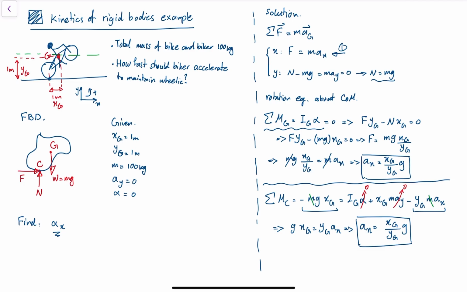It is good in the sense that you may find a way to simplify the solution. It is bad because now you have choices. If you don't have choice, you don't have to think too much. You follow the rules. But anyways, this is a good example about how kinetics of rigid bodies can work. So I leave this here and I will see you later.